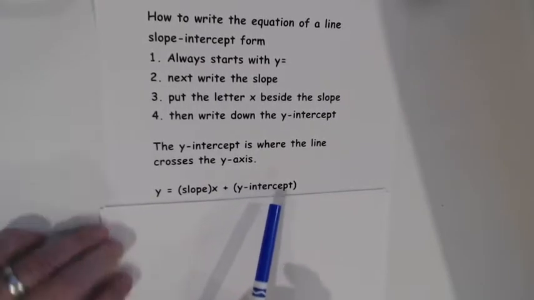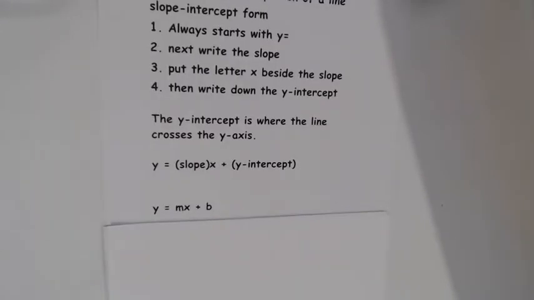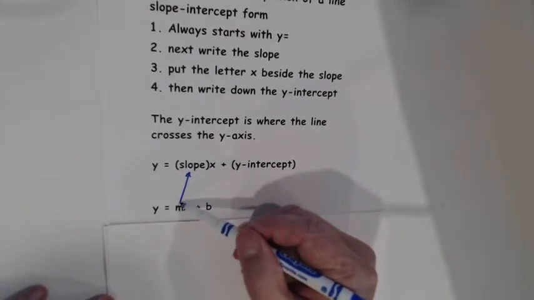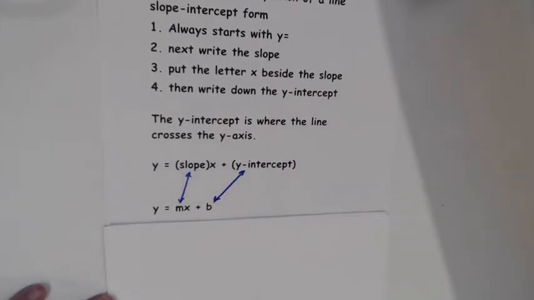A lot of times in textbooks this equation will be written as y is equal to mx plus b, where the m is the slope and that b is the y-intercept. You simply put those numbers, whatever it is, in those spots right there.